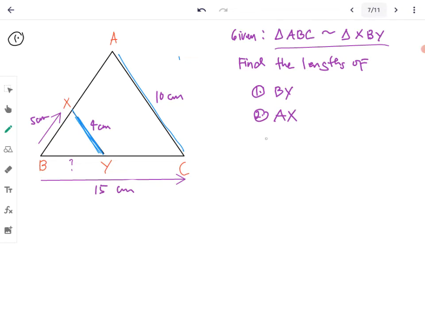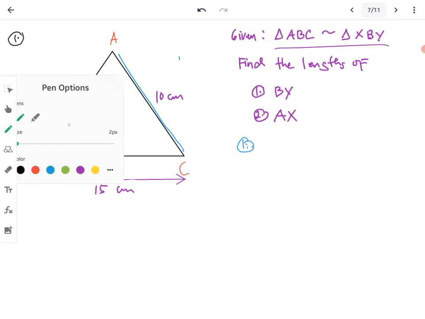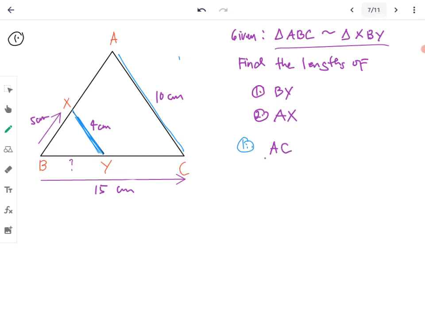So we say AC over XY. Then the other ratio uses BY, which is the length we're trying to find. Since XY is in the smaller triangle, BY is also in the smaller triangle, so we put BY here.